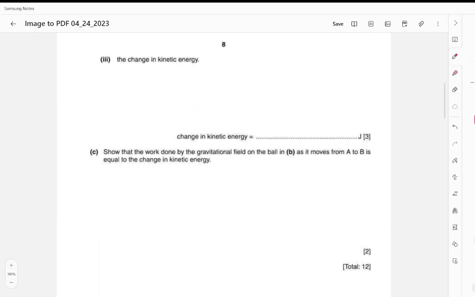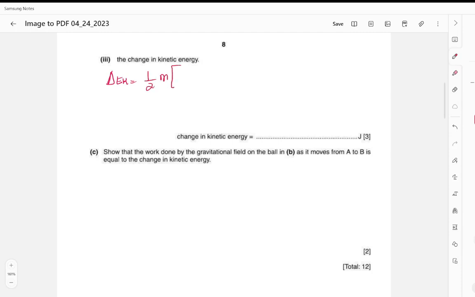The change in kinetic energy. Okay. So we had one speed, we had less speed initially, we had more speed finally. So that means final speed squared minus the initial speed squared, multiplied by half m. So iska matlab hai the change in kinetic energy, change in EK should be equal to half m.